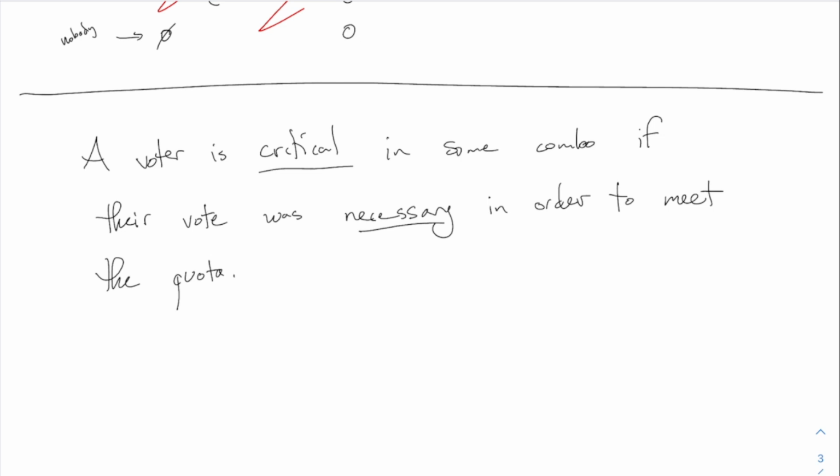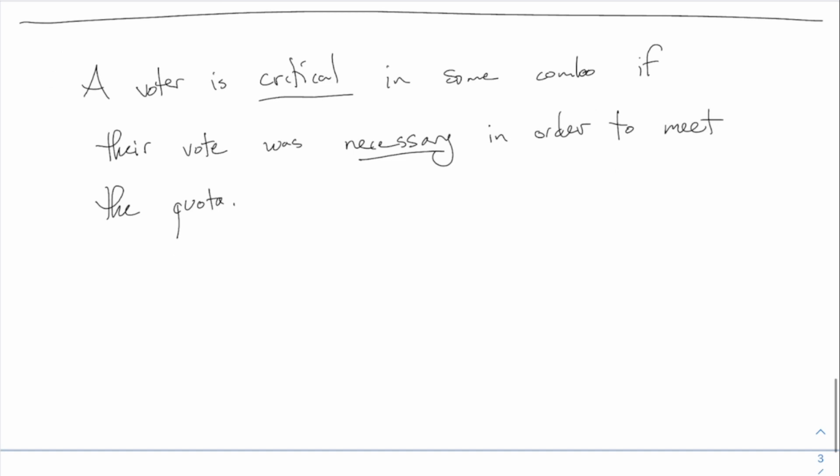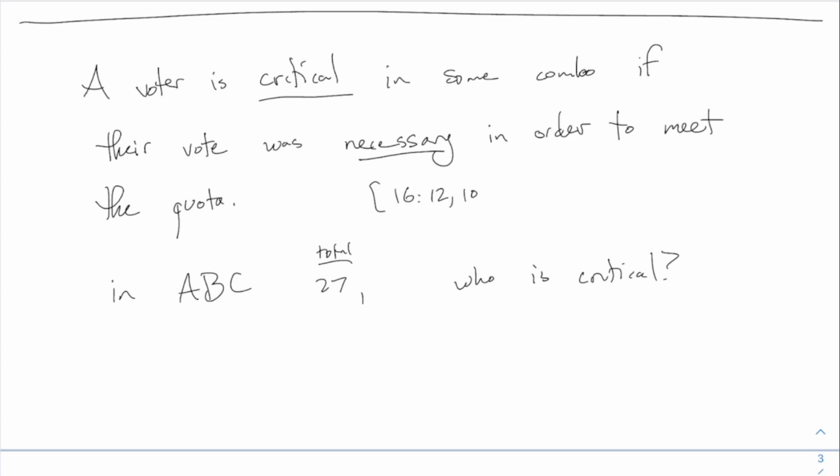So here is a simple example in that chart up there. A, B, C, the total was 27. Who is critical? Remember the system was, what was it? 16, 12, 10, 5.